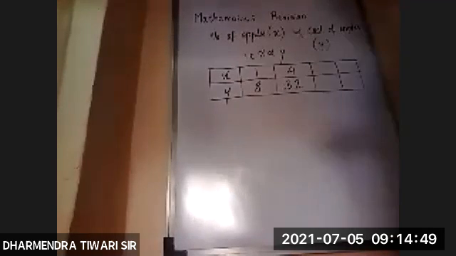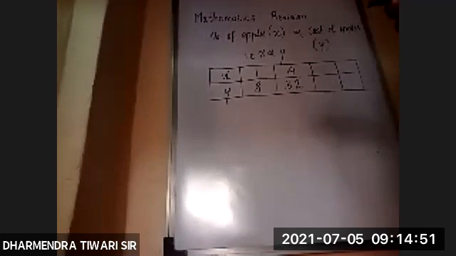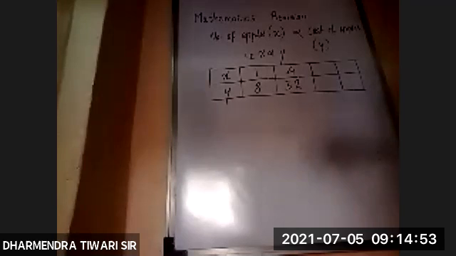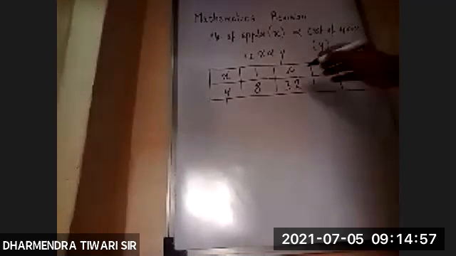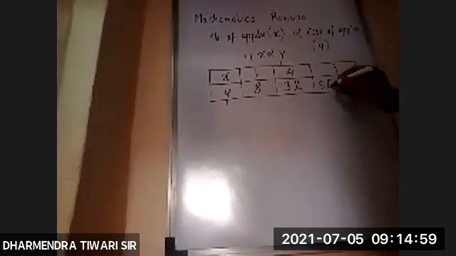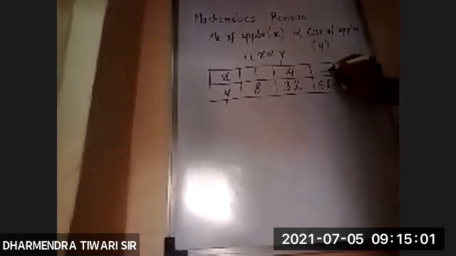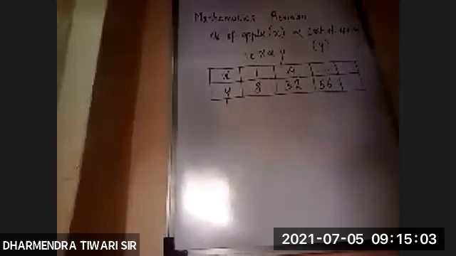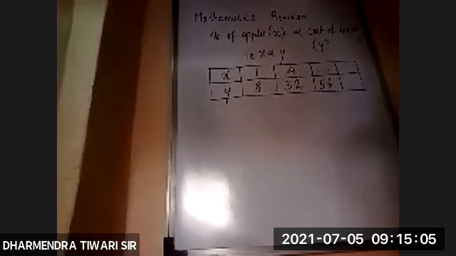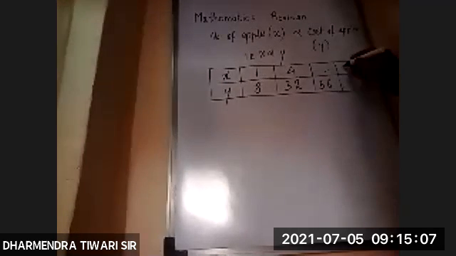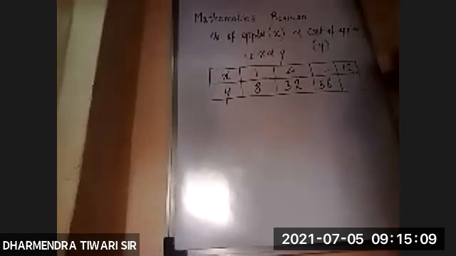You can see there is direct variation, no doubt in this. So they're asking us if cost is 56, find the number of apples. If number of apples is 12, find the cost.